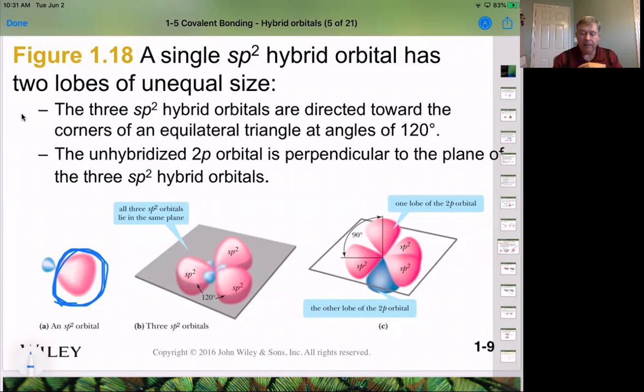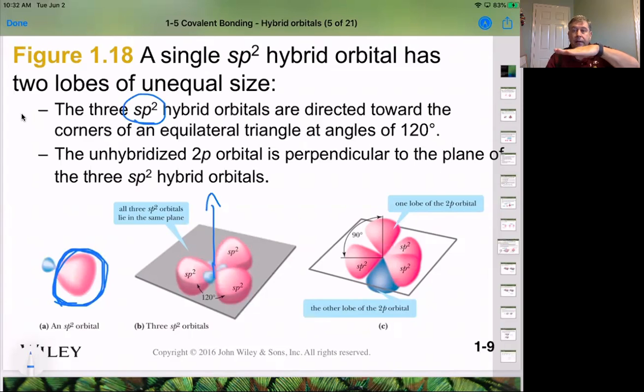But because we've only used 2 of the p orbitals, we still have a p orbital somewhere, okay? Now, what happens is the p orbital is going to be sticking in and out of that plane, above and below the trigonal planar structure left by those sp2 hybridized orbitals, okay?